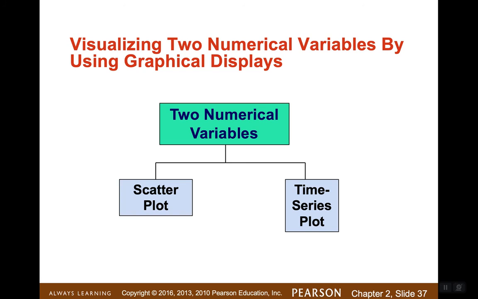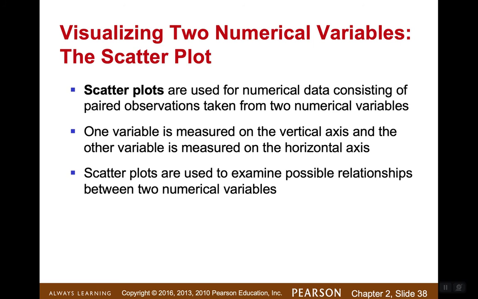So, two numerical variables. There are a couple of different ways to do this. One we call a scatter plot, and the other one is called a time series plot. The scatter plot: with two variables, we have two data points, which if you plot them on a grid, represent a particular spot on that grid.